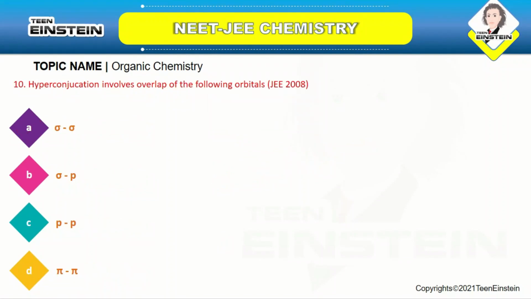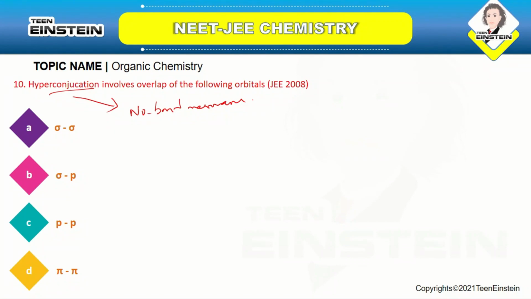Next, see the 10th question. Hyperconjugation involves overlap of the following orbitals. So here hyperconjugation is also called no bond resonance. Hyperconjugation involves overlap of p orbital. It is the interaction of the electron in a sigma bond with an adjacent p orbital, to give an extended molecular orbital which increases the stability of the molecule.